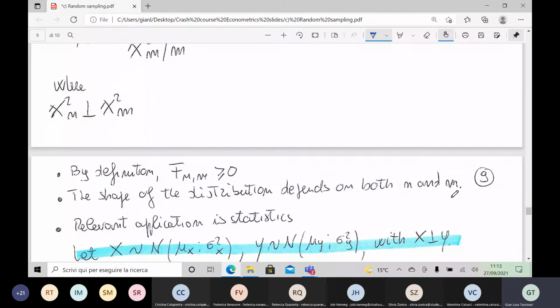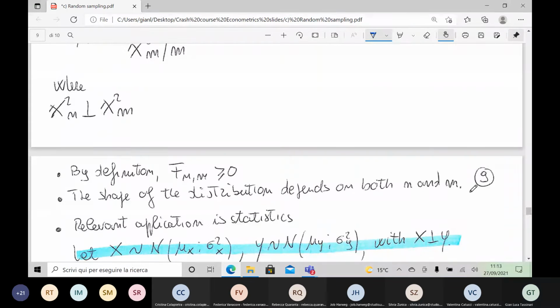A chi-square is characterized by only one parameter, n, the number of degrees of freedom. A Student's t is characterized completely by only one parameter, n, the number of degrees of freedom. F of Fisher is characterized completely by two parameters, n and m, respectively the degrees of freedom of the numerator and the degrees of freedom of the denominator.